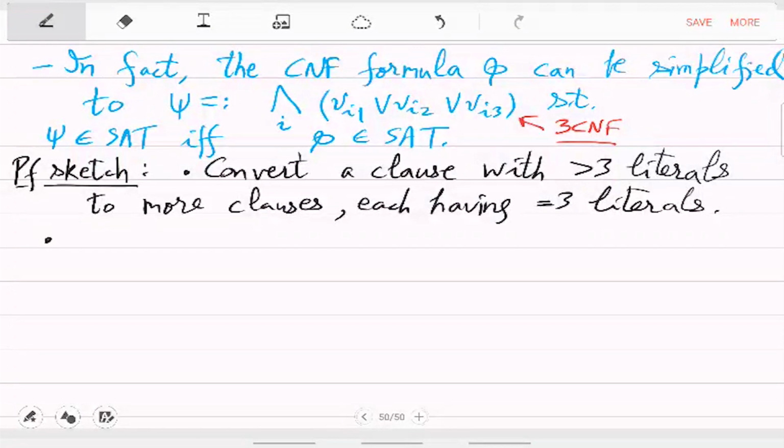We'll need a new variable for this. So let's just see this in an example, and that will suffice.